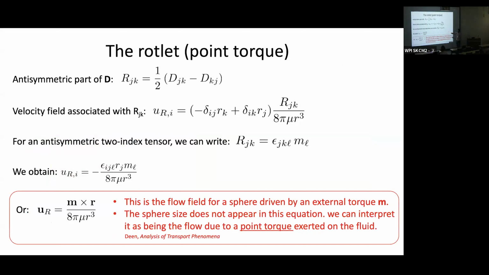You can work through the math, and you can show, using this identity, that the flow field due to this is the same as a flow field around a spinning sphere, a sphere driven by an external torque M. And the sphere size does not appear in the equation, so we can interpret this as the flow due to a point torque. And in a very, very simple form, it decays as 1 over r squared.